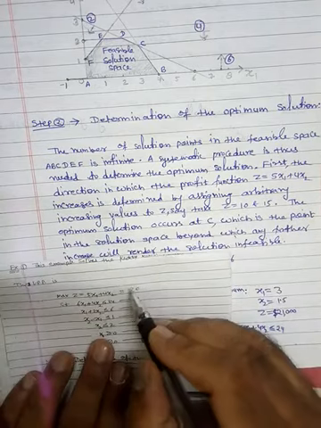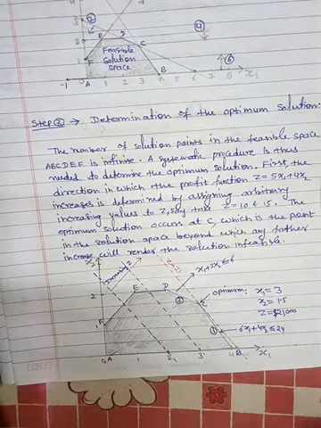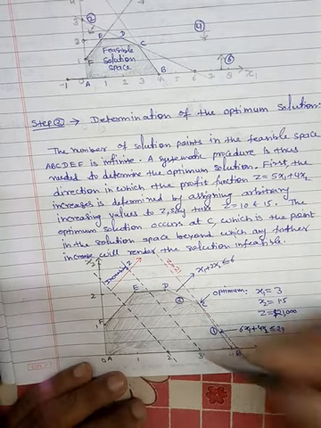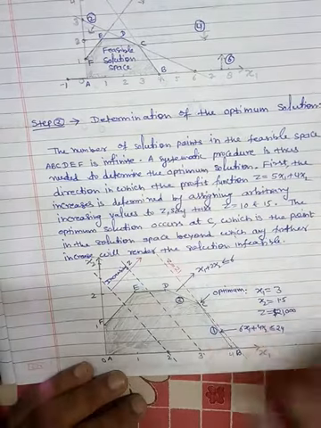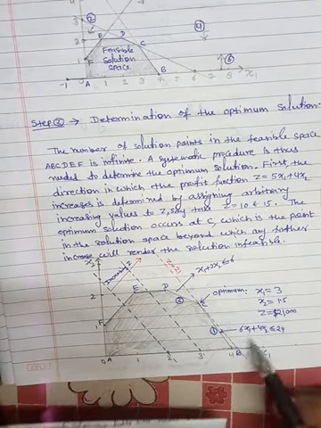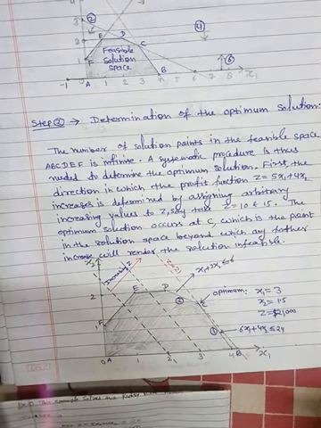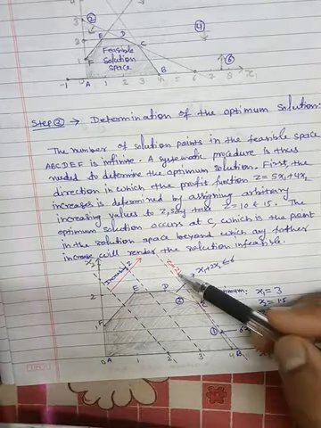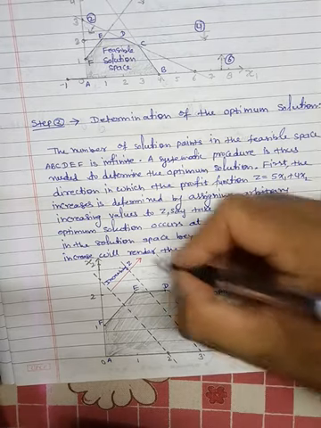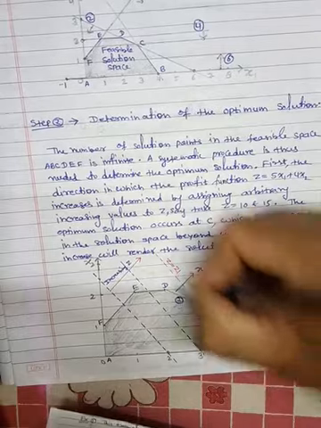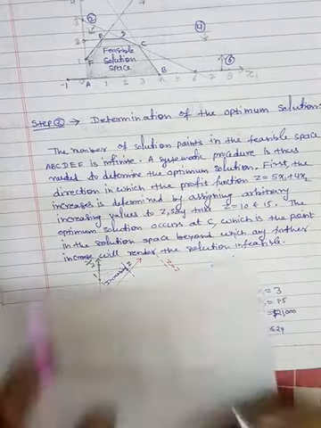Suppose you have designated 20 here, then you will get some values here. For example, if you designate some value, the line we draw for 20 will fall somewhere here.